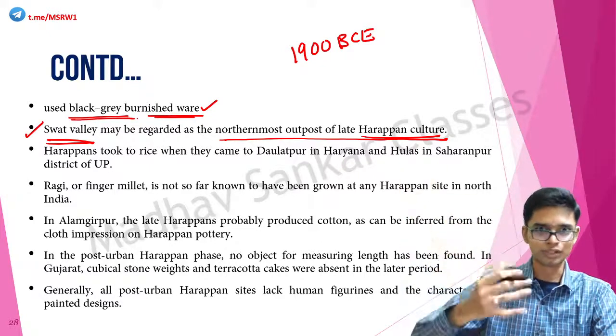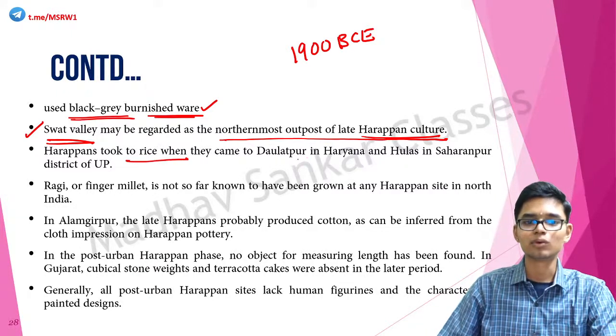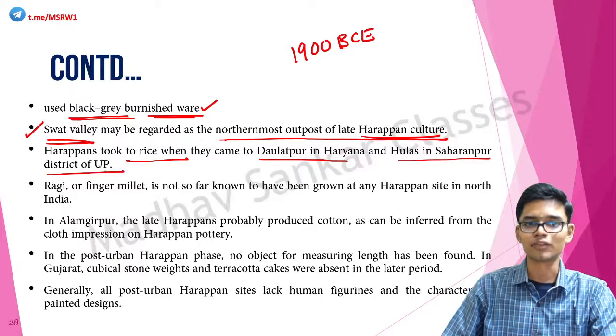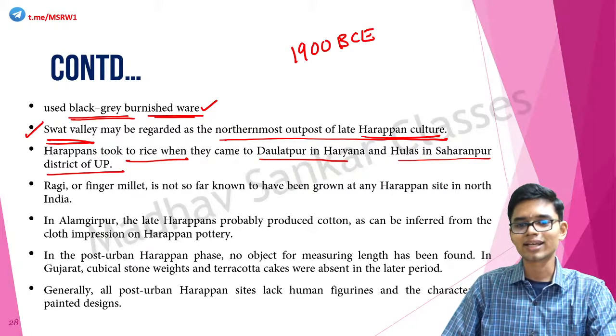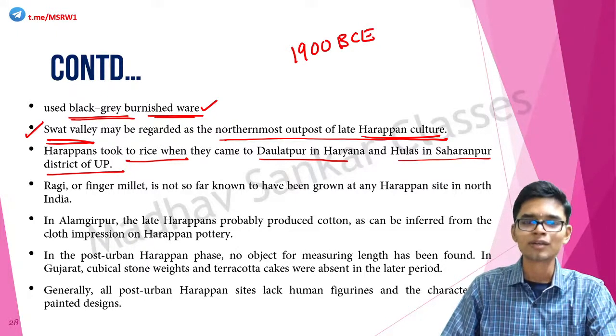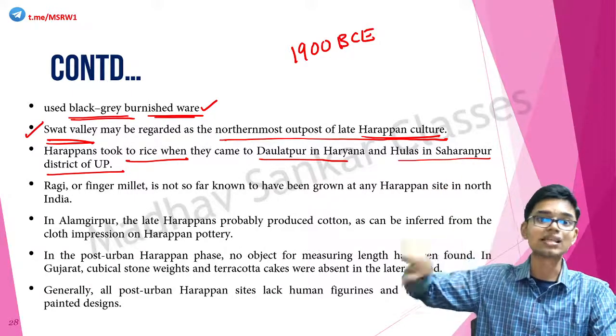Now it has reduced. Harappans took to rice when they came to Daulatpur in Haryana and Hulas in Saharanpur district of UP. If you remember the film Mohenjo-daro, once that city was gone, people started moving towards the east.